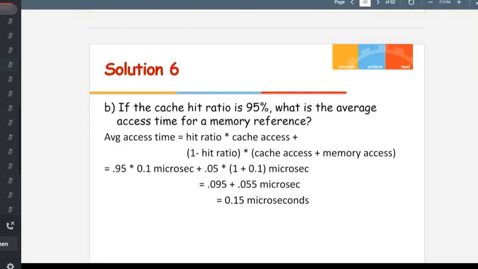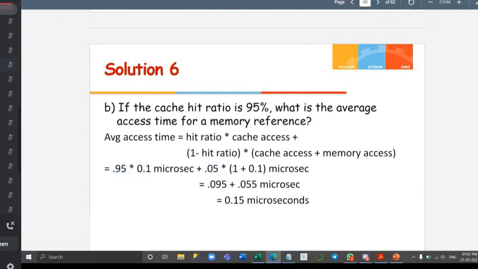So 0.95 is your cache hit ratio, the cache hit percentage, right? That's multiplied by the cache access time, because when you're hitting the cache, you're only accessing the cache. You don't need to access the main memory. You'll only spend the time used to access the cache, which is 0.1 microsecond. 0.95 into 0.1 microsecond is the total time used for the cache hit every time the cache is hit. And 1 minus the hit ratio, that is 0.05, is the miss part.